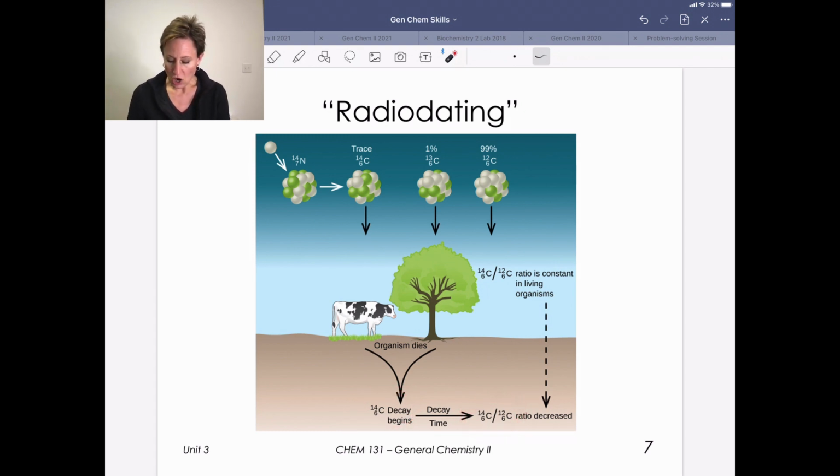That's going to give us a ratio of this radioactive carbon-14 to the regular carbon. So as this carbon-14 begins to tick away, the more that's ticked away, the longer it's been since that organism was alive, and that ratio will allow us to then determine the age of any living organism. Okay, so we'll practice some problems like that in class.